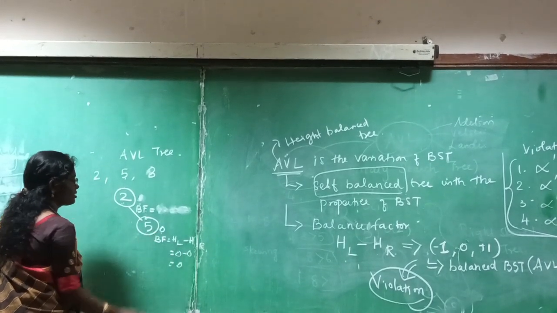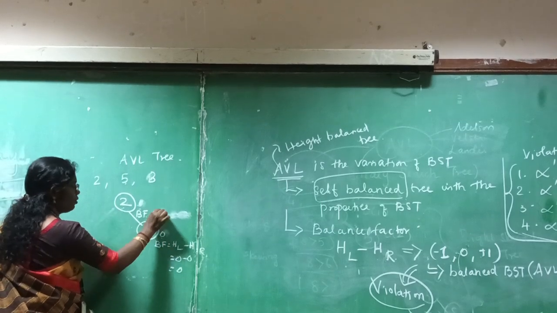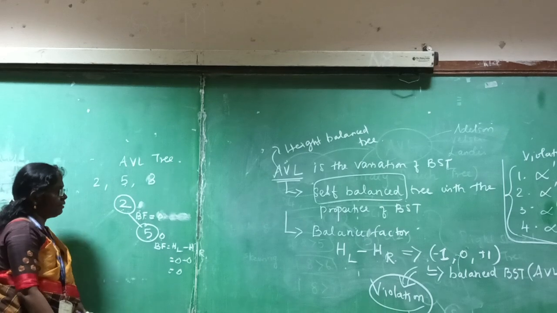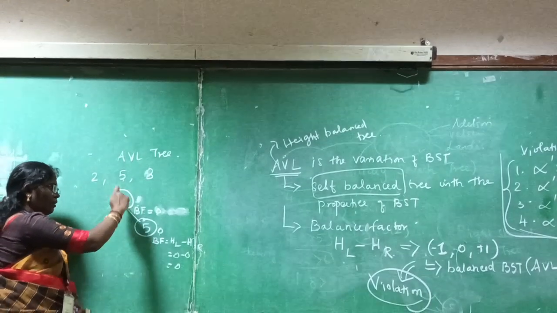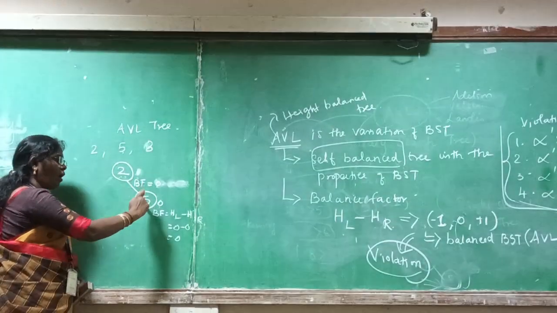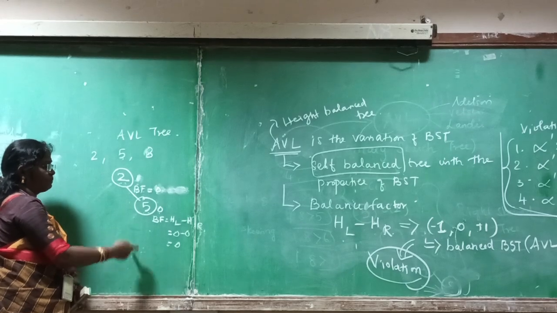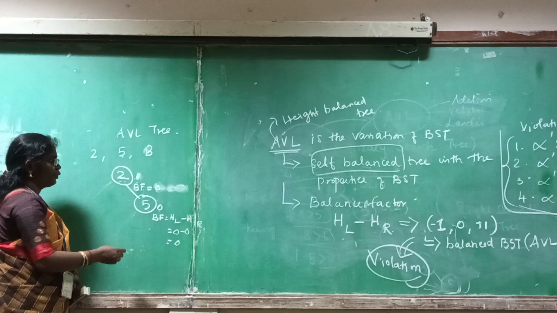So the balance factor is 0 for this one, and for this one no left subtree, so 0, but there is a right subtree. Here I give you one hint. Whenever you want to know the height of a particular node, from the node take the longest path till the leaf and count the number of edges. That will be one of the hints. It is easy for you to understand.